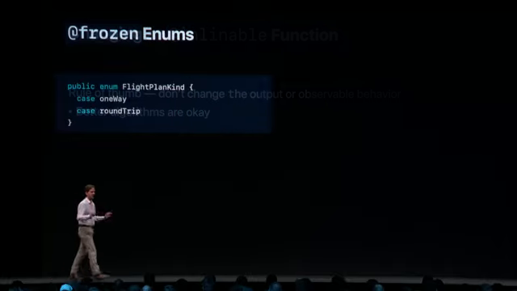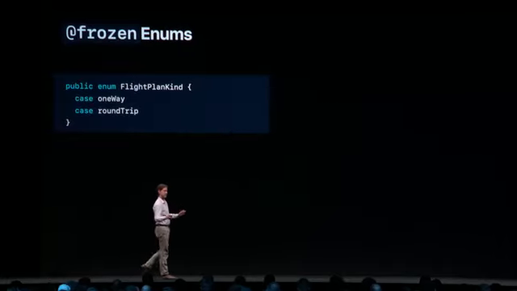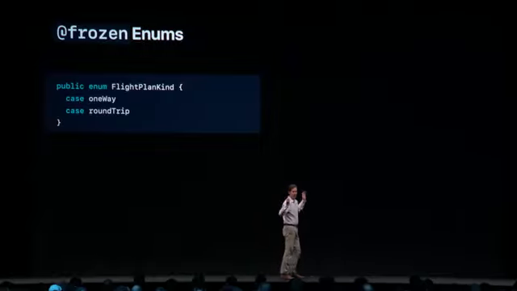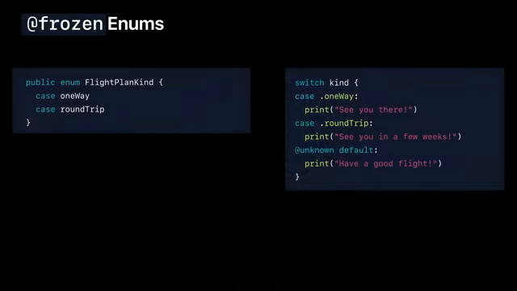So next, I want to talk about enums. Swift enums are great. I love them. And one thing that we talked about here is that you can add new cases to an enum without breaking source or binary compatibility. What this means for clients is that they always have to have a default case when they switch over the enum.